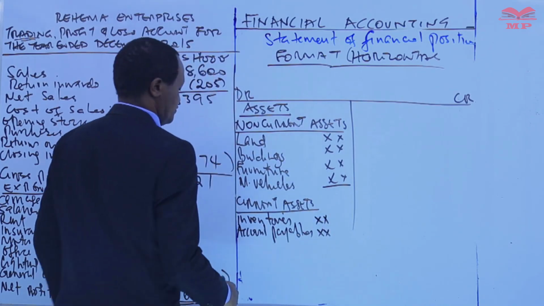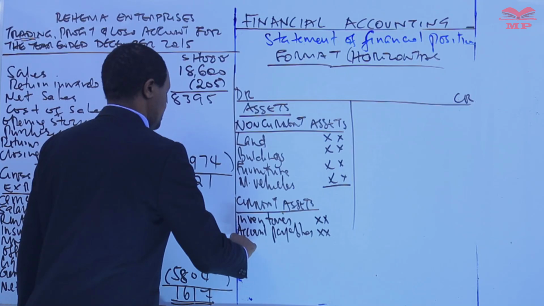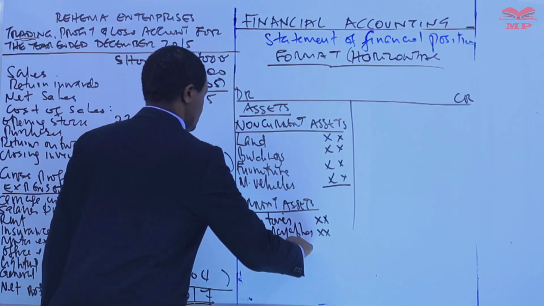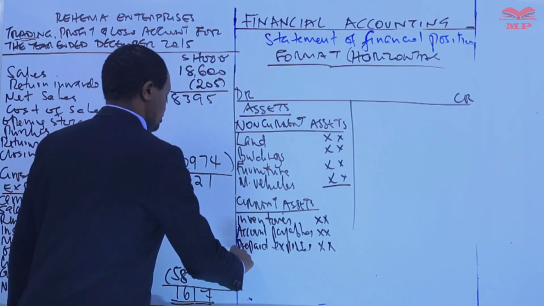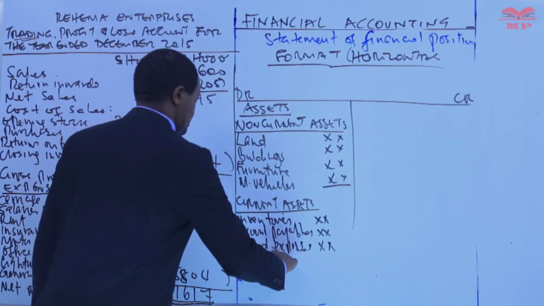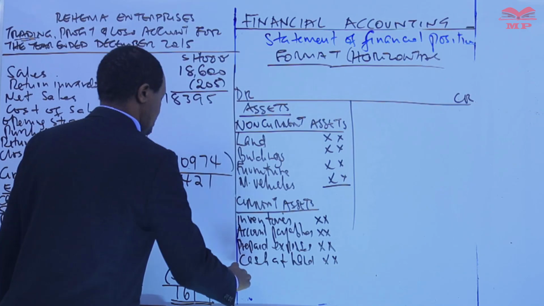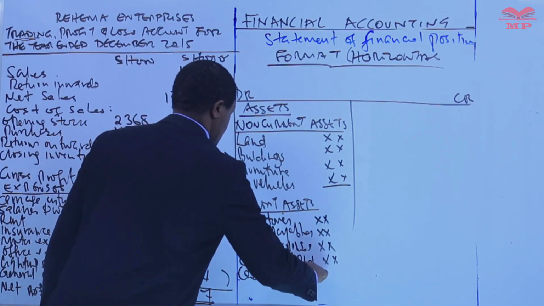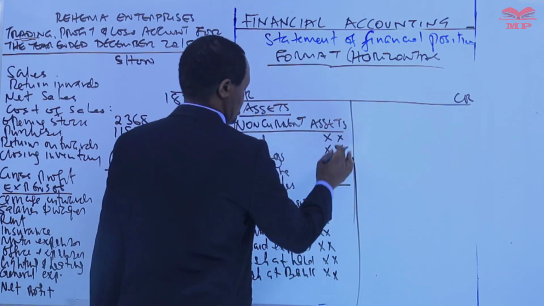We have prepaid expenses, cash at hand, may have cash at bank, and so on. These are just examples.